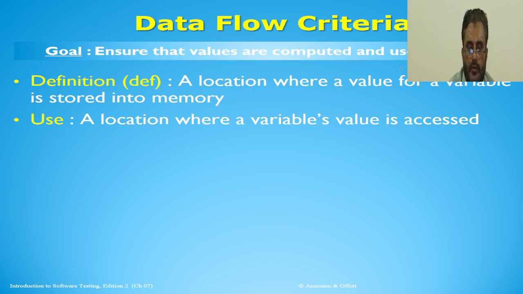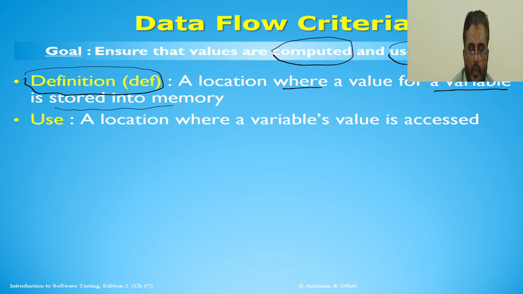So the goal of data flow coverage is to find out or ensure that values are computed and used correctly. In this context, it is necessary to know what a definition is. What do we mean by a definition, or simply stated, a def? A location where a value for a specific variable is stored into memory.